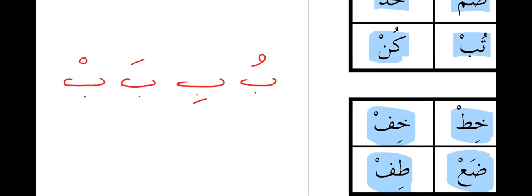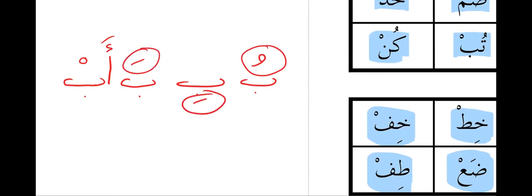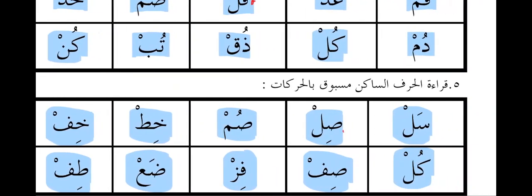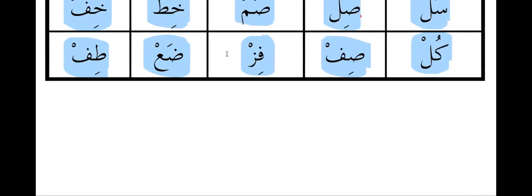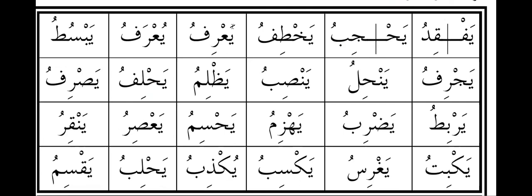And then we have the sukoon. For example, we put a letter before it: ab, ab. What you must memorize for this lesson is dhamma, kasra, fatha, and sukoon. If you practice this lesson so that you master it, then in the next lesson we will go on to reading longer words with the fatha, kasra, dhamma, and the sukoon, all in the words.